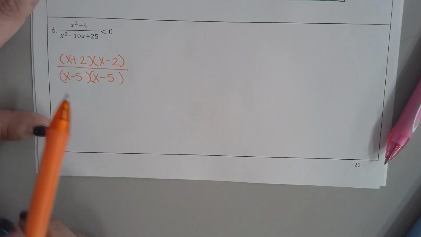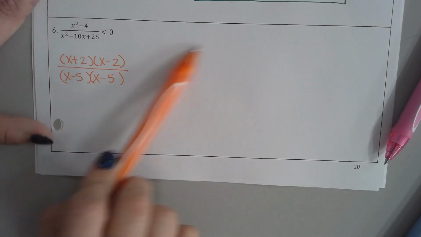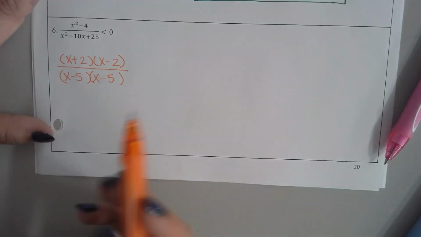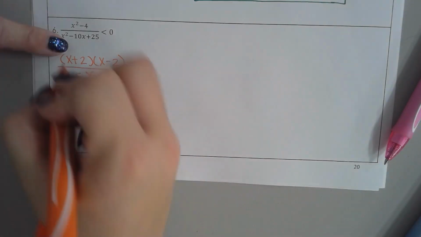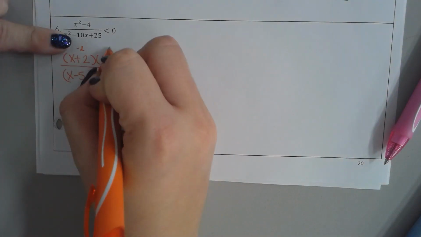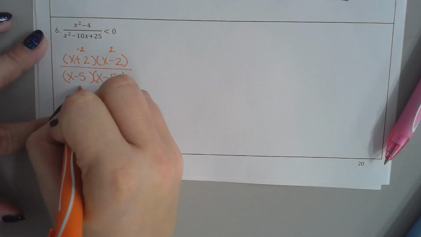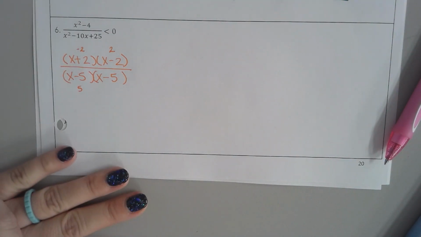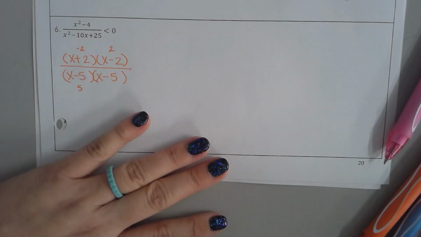So the numbers that I'm going to put on my number line are a -2, a +2, and a 5. Since we would have the same number, you don't need to do it twice on your number line.